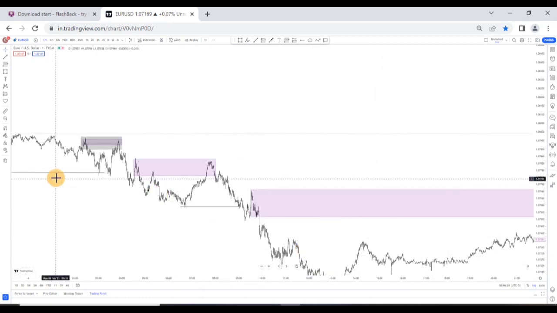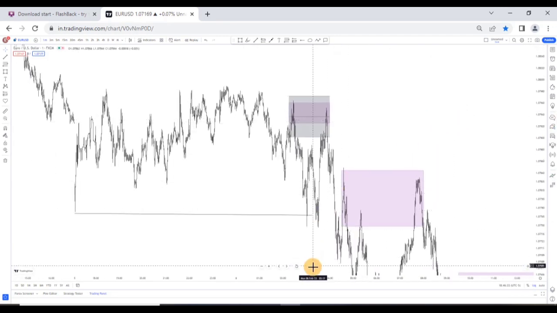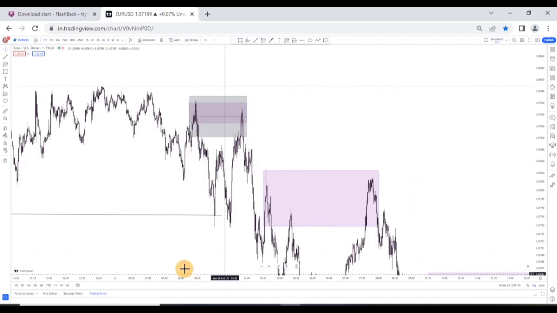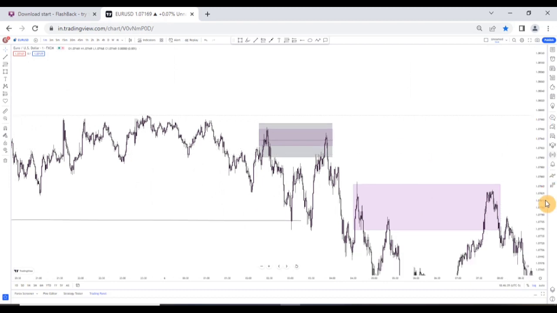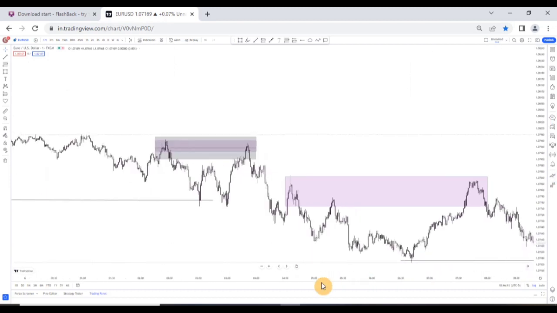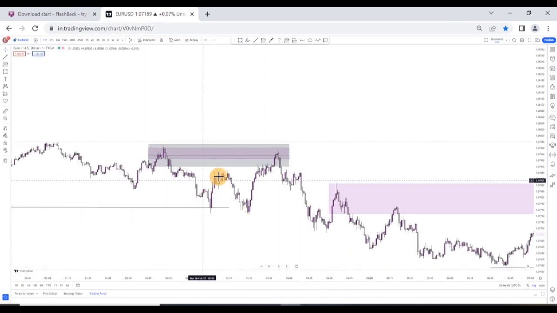So look at the nice M15 break of structure over there, and after the break of structure, we anticipate a pullback, and for that pullback to occur, the internal structure will have to switch, guys. Bullish in this case, because we have a bearish break of structure. You see how price switched here. You see how the internal structure of this leg switched, and we see that pullback, which mitigated this nice area here.